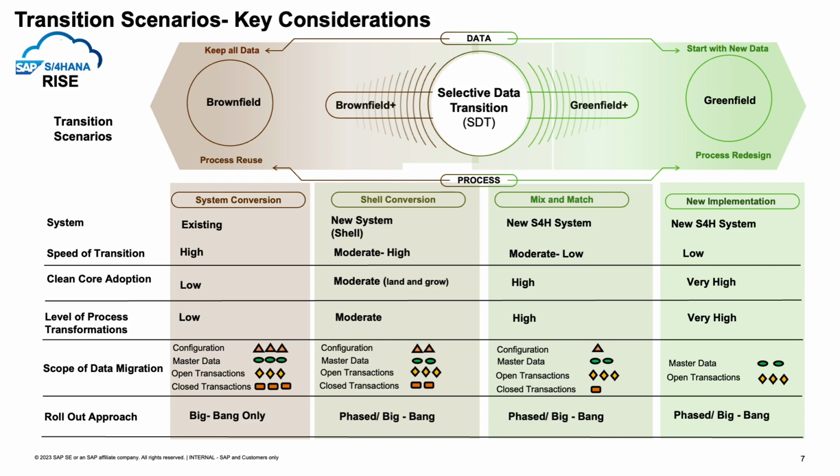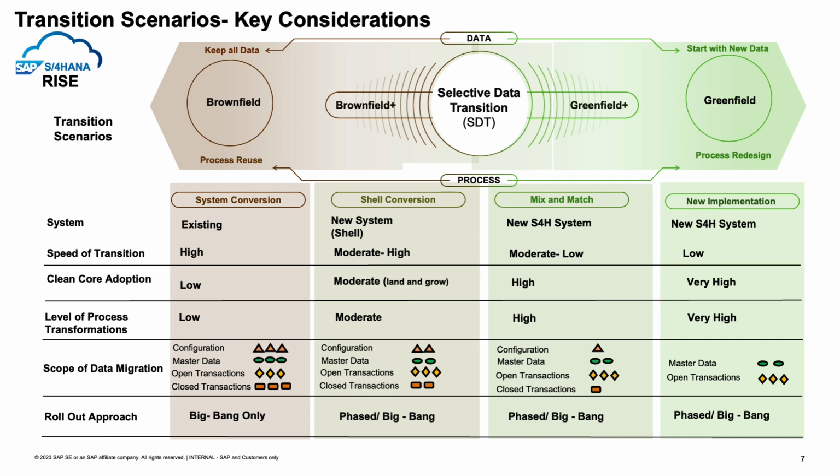A mix and match scenario is where the customers predominantly would like to go for a greenfield approach, but still want to cherry pick and bring some of the processes and configuration from ECC. So that's predominantly the main differentiating factor between a shell conversion SDT approach versus a mix and match approach.